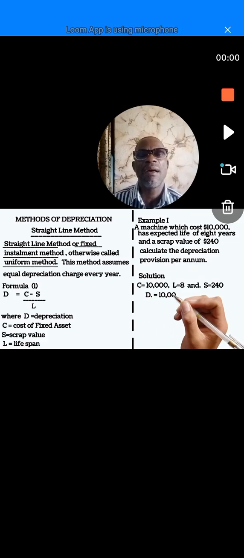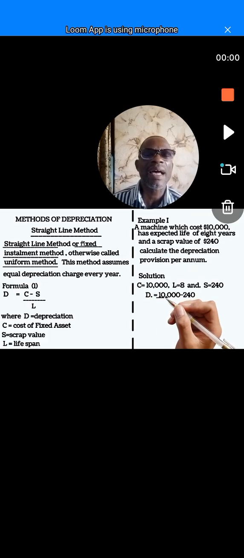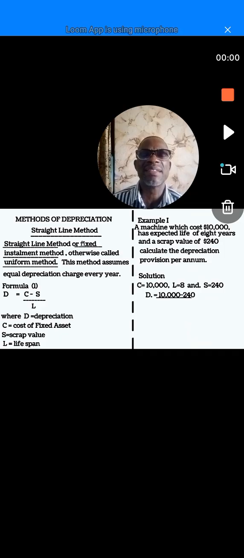It becomes 10,000 minus 240 over 8, according to the formula. Now D is equal to 9,760 over 8. 10,000 minus 240 gives you 9,760 over 8. And D is equal to $1,220 per annum. That is the depreciation figure.